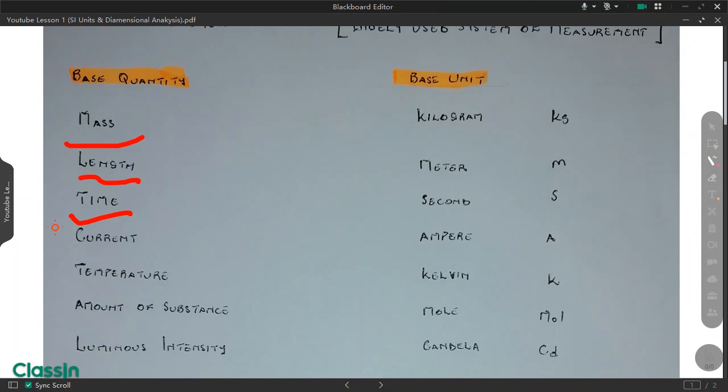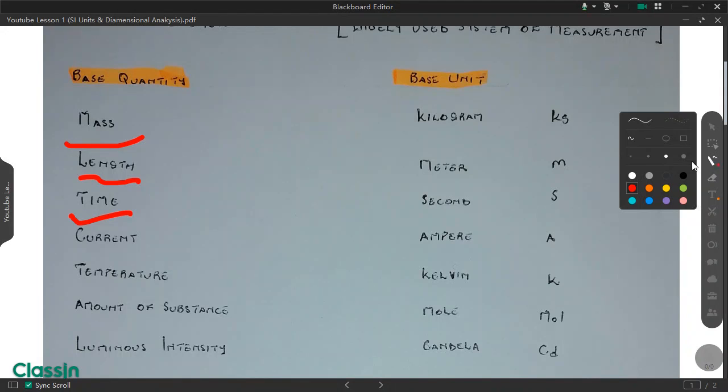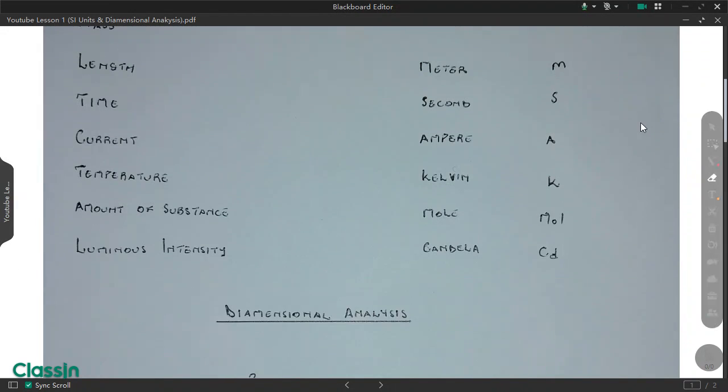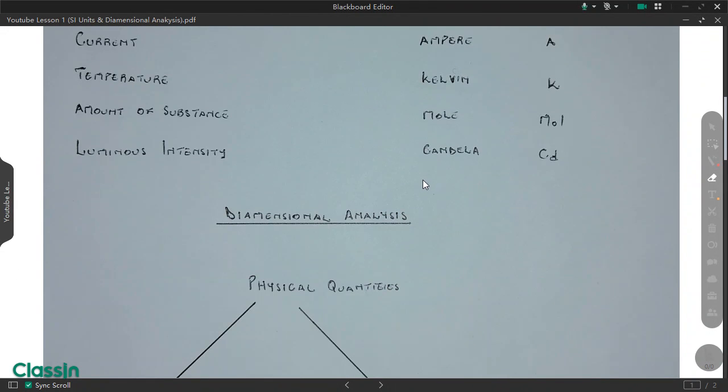Moving forward, there will be lessons about dimensional analysis, the Rayleigh method, the Buckingham method. There are so many methods of dimensional analysis. So from here, we will move to dimensional analysis. Like I indicated earlier, for a natural phenomenon you're going to have a mathematical model that defines it.